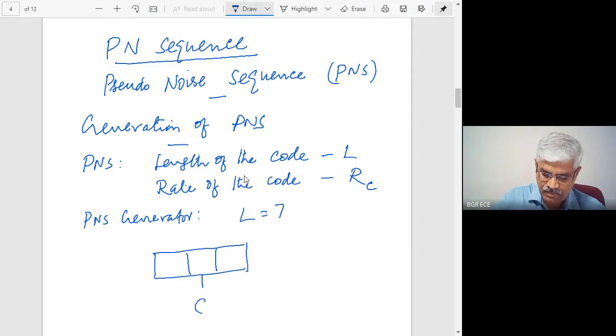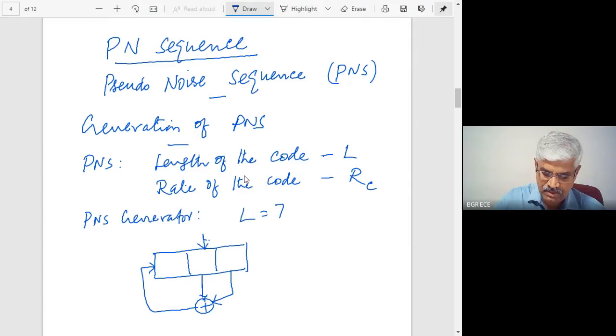You give a feedback to the input from here, and these feedback combinations can be anything. With a 3-bit shift register, many feedback combinations are possible. I am selecting these two combinations, for example, the second and third bits are fed back. So this is the PN sequence generator.